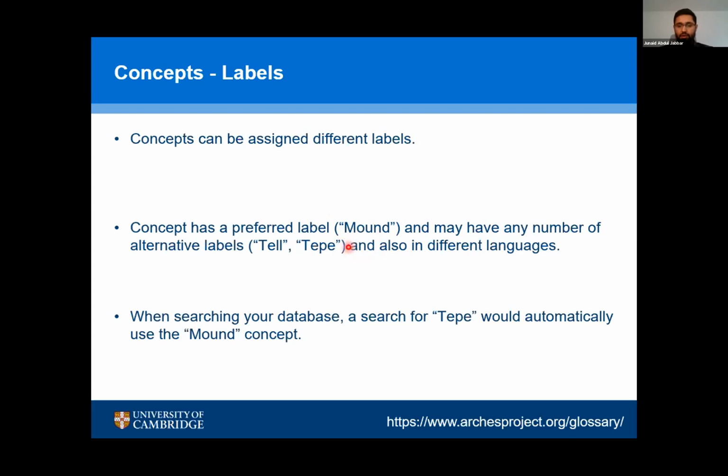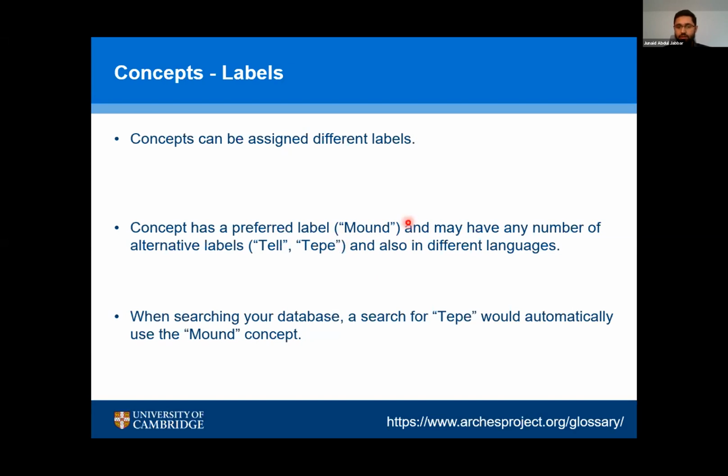So what is the benefit of this? When we have multiple labels for our concept, it allows the users to search our database using any of these terms. So if our database includes the value of mound, however, we have defined within our thesauri that this mound could also be referred to as tell, it could also be referred to as tepe.